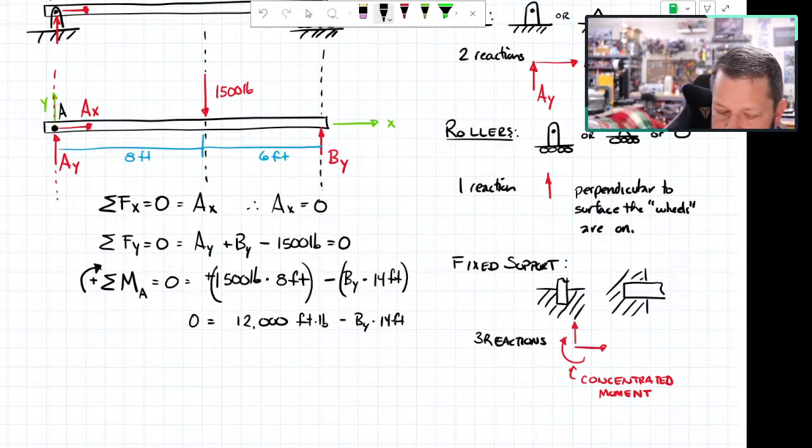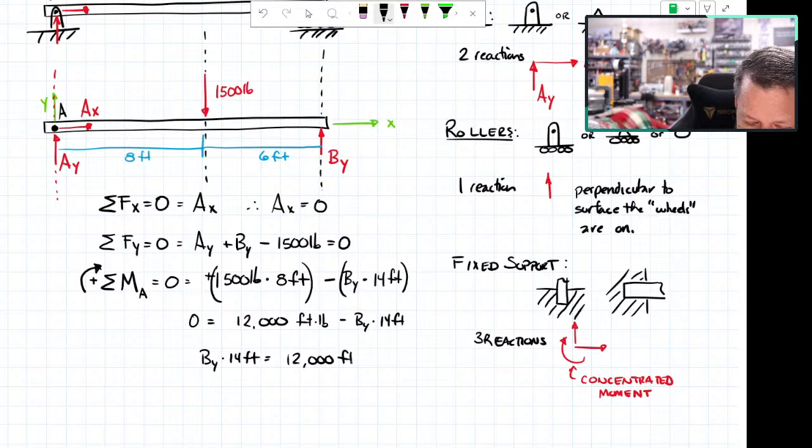I want to solve for BY, so I need to divide both sides by 14 feet and move BY around by itself. So let's move BY times 14 to the left hand side. It becomes positive. 12,000 foot-pounds is left on the right side. Let's divide by 14, not just 14 though, 14 feet.